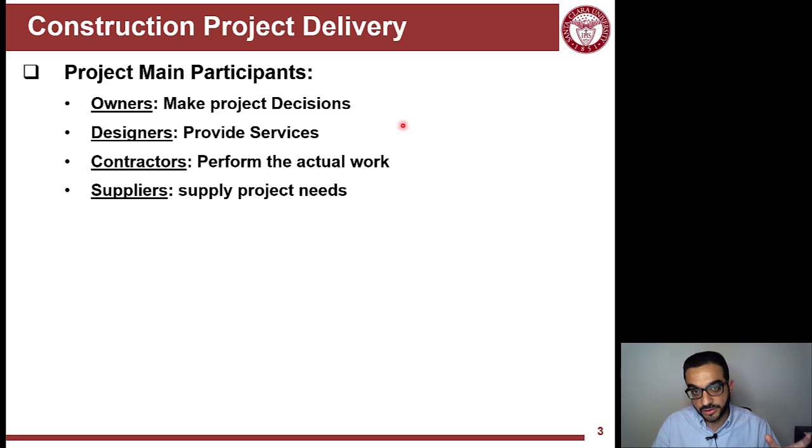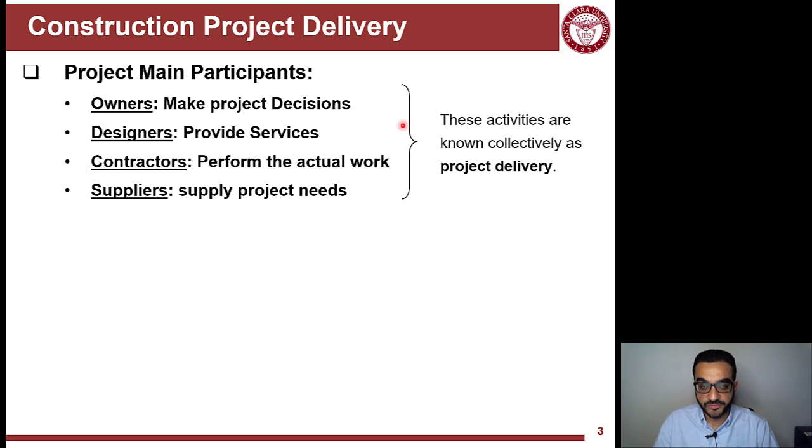These designs are built by contractors, general contractors, who have subcontractors in the construction team. And part of the construction team is suppliers. Those are not installing things, but supplying materials and equipment for the building. So these are the main participants you have in a project.